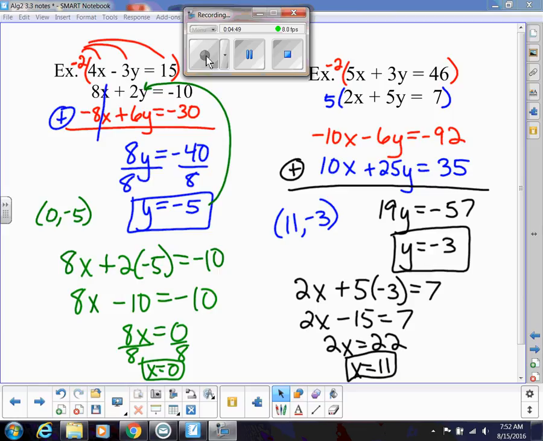You can see my new equations here in red and blue. You might have chosen to eliminate the y's. If you did that, your top equation would have been multiplied by 5 and your bottom equation by 3 or negative 3. That's totally okay. Your equations might be different, but your answers should come out to be the same.